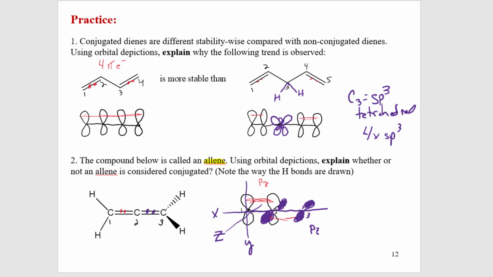They're orthogonal to one another. Therefore, the 2 electrons in the 1,2 double bond are not conjugated to the pi electrons in the 2,3 double bond. Even though on first glance, if you just look at the allene drawn out, you'd think, oh yeah, they're conjugated, but they're not. They can't be. Carbon 2 can't do both at the same time.